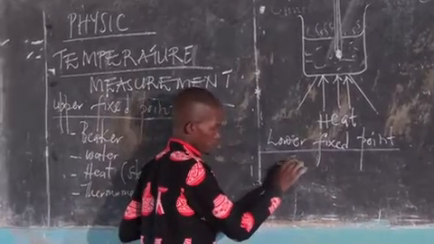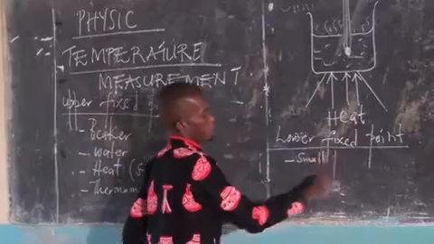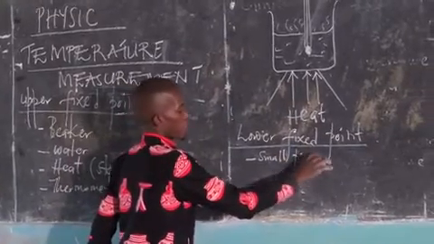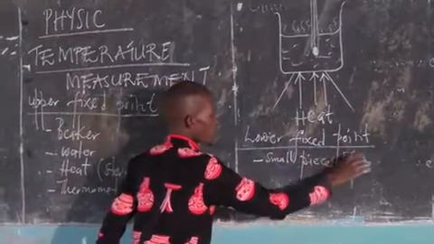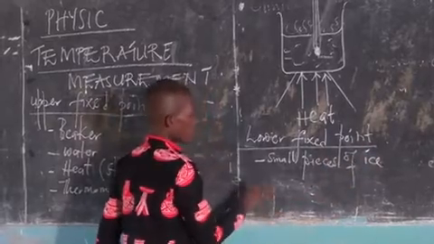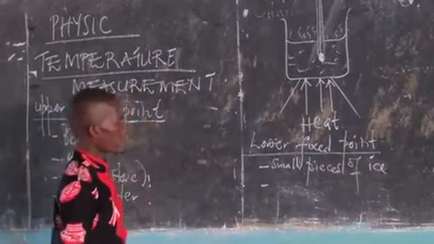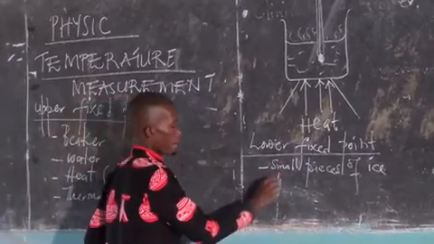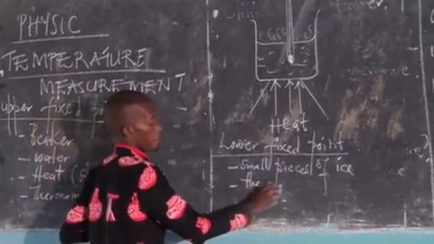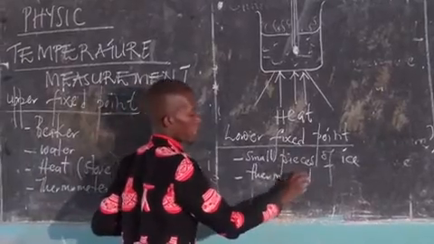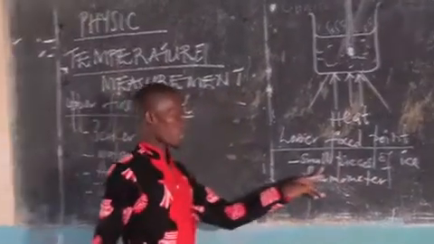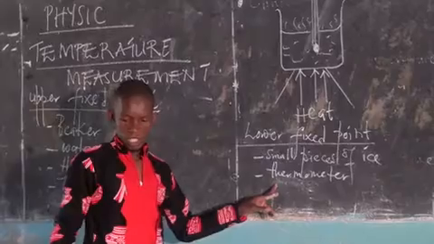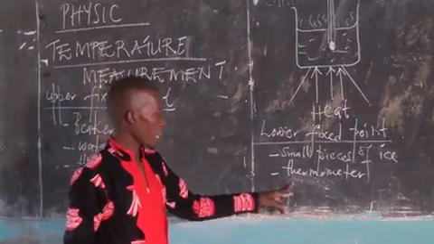Small pieces of ice. We have the thermometer. You get the small piece of ice there. You get the thermometer.